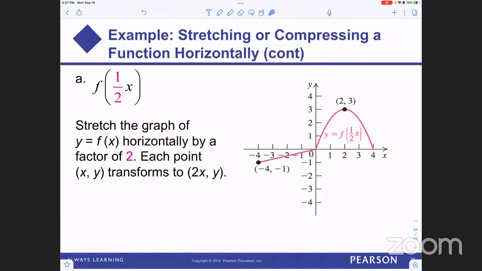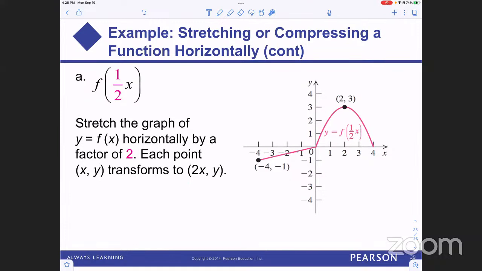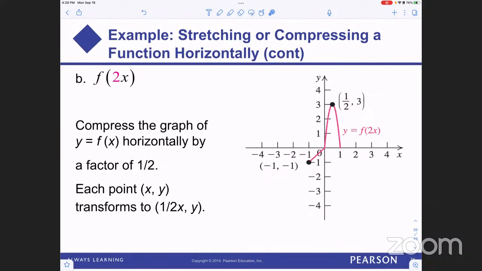Let's see. Stretch the graph horizontally by a factor of 2. In our new function, for each x and y that we have in the original, our new function is going to be 2x comma y. Okay. So then this one, compress horizontally by a factor of a half.